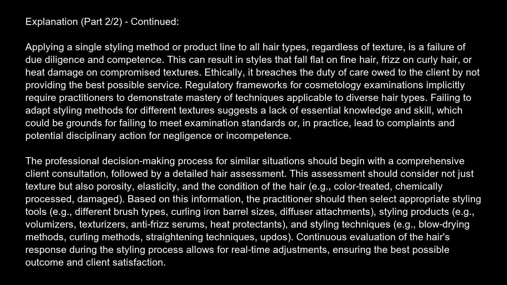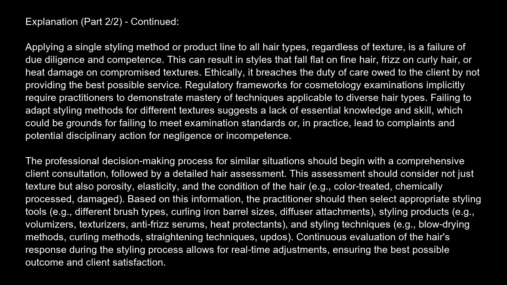The professional decision-making process for similar situations should begin with a comprehensive client consultation, followed by a detailed hair assessment. This assessment should consider not just texture, but also porosity, elasticity, and the condition of the hair, e.g., color-treated or chemically processed damage.